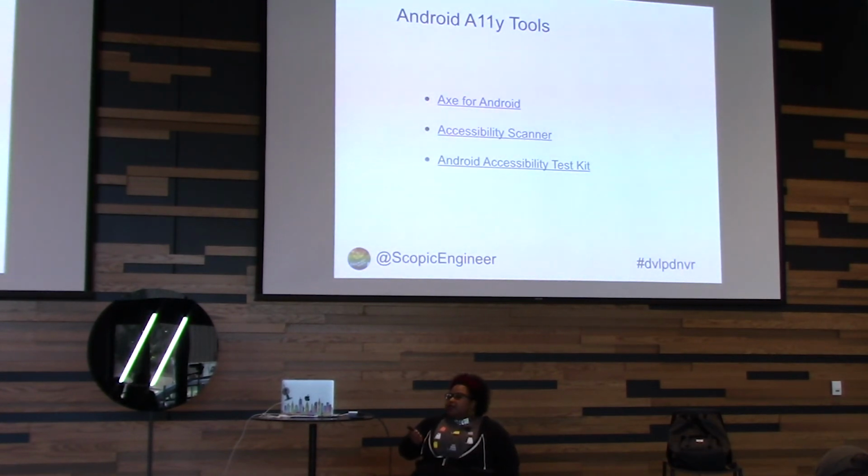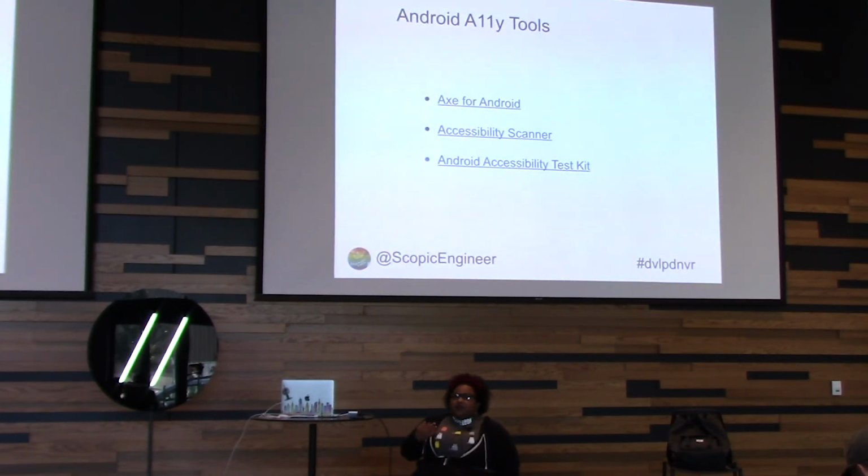For Android, a little bit more, and these are not exclusive. These are not the only things. There's tons of stuff out there, and I could have done a talk on all the different tools to help you. This is more a good way to start. On this slide, there's Axe for Android, and Accessibility Scanner, which is great because it's just for Android. It's an application that will scan your apps. I use it quite a lot, just not on anything I'm developing.